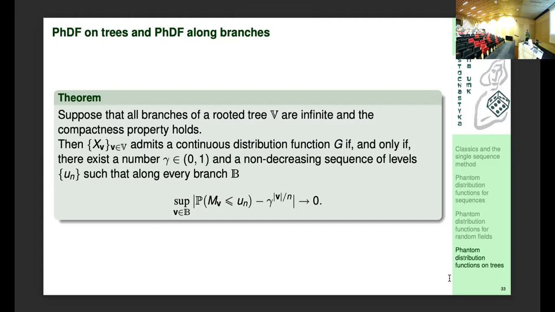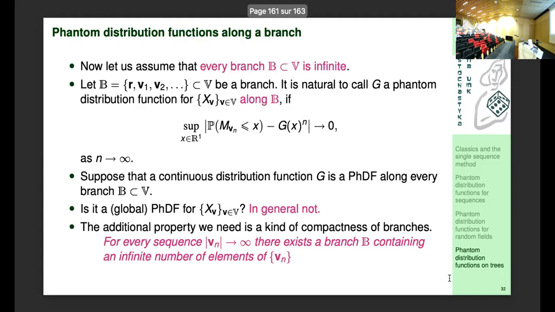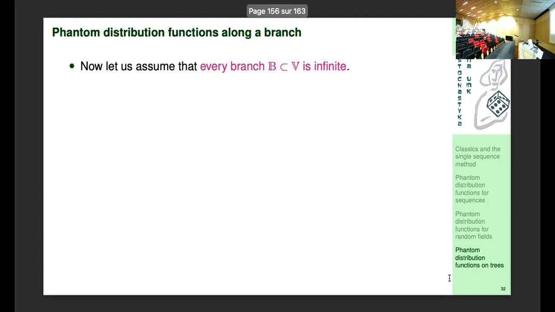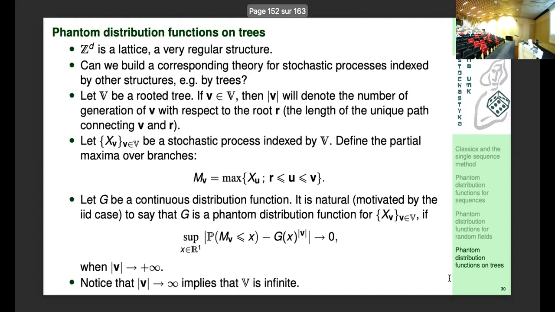Any comments, questions? I didn't catch the definition of MV on the branch or for the generation. Okay, so this is the definition, the global definition of a phantom distribution function for a stochastic process indexed by V. Is it only on the branch?